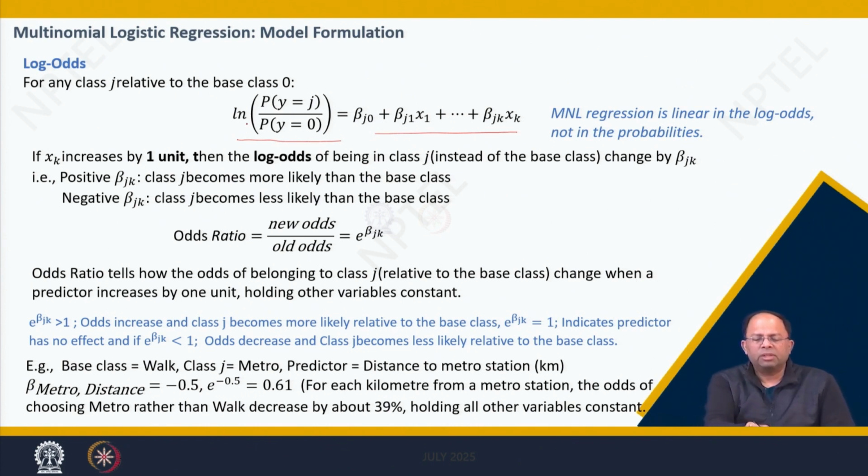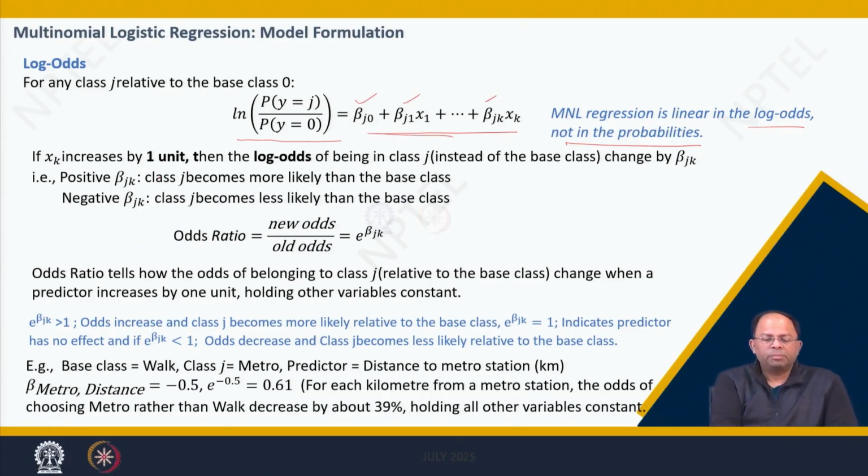Because we are taking the log, we get the linear score on this side. MNL regression is linear in the log odds and not in the probabilities. That's why we take the log odds, because then it becomes easier to determine the beta scores.